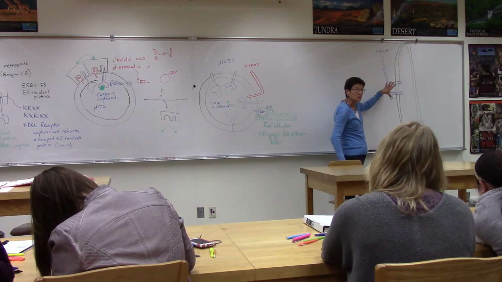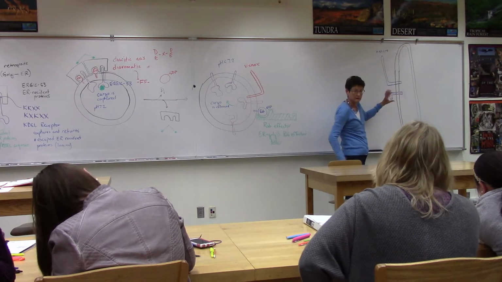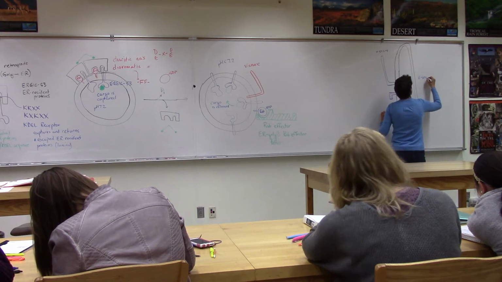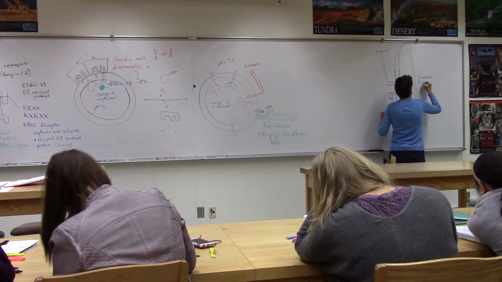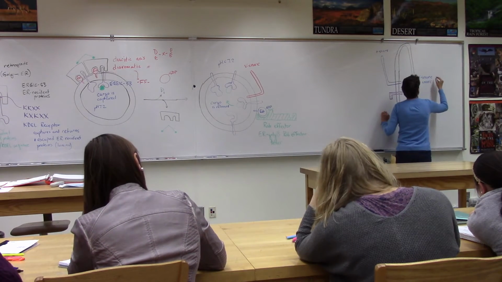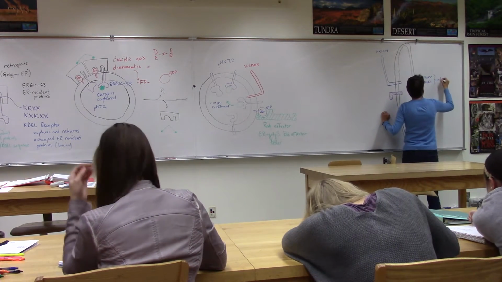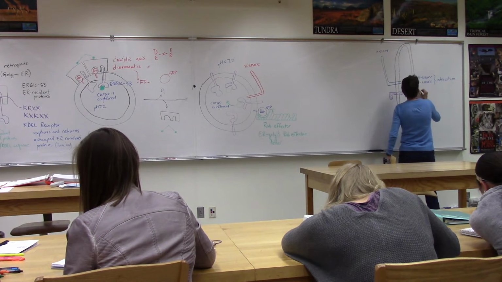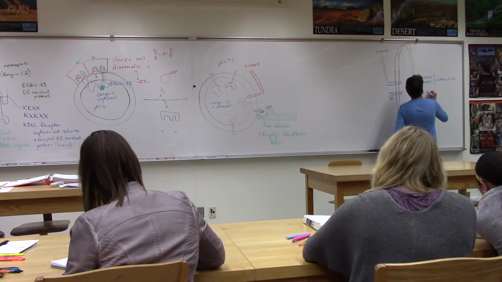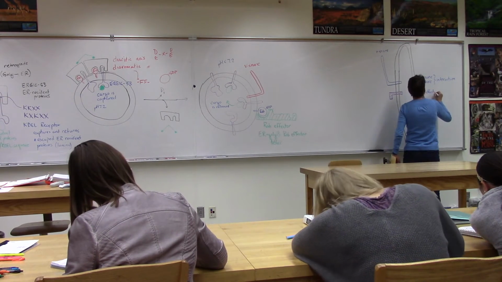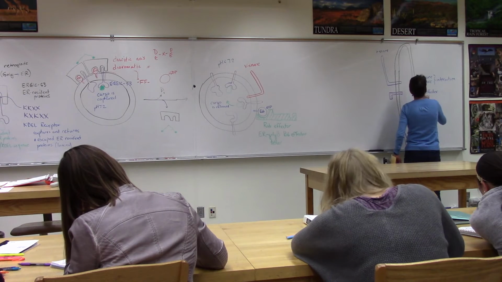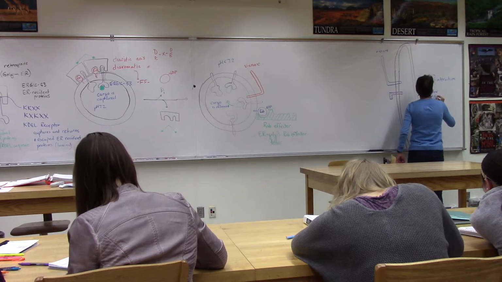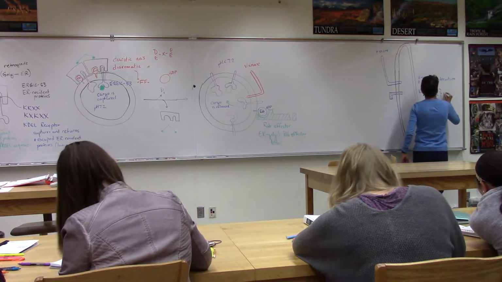Okay? So there's a dual selection here. There is a V snare, T snare interaction, and the RAB effector and its receptor interaction.